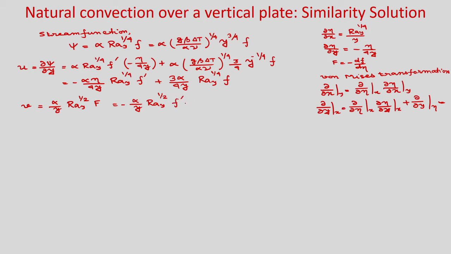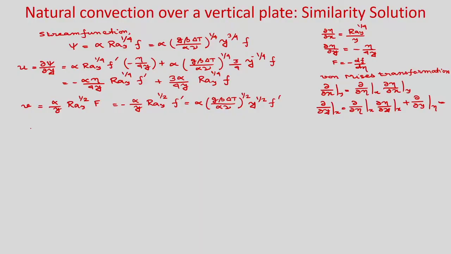And in terms of y, you will write alpha g beta delta t divided by alpha nu to the power half y to the power half f prime. We are writing in this form because we need to find the derivative with respect to y, that is why we have taken y outside, so that it will be easier to integrate.